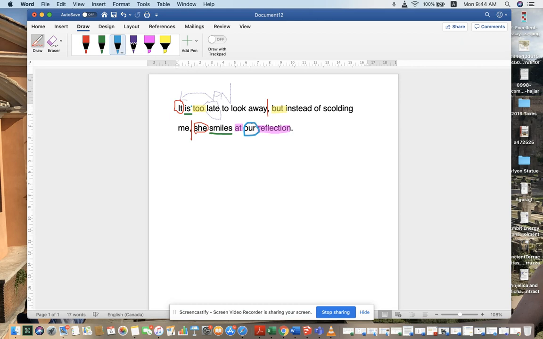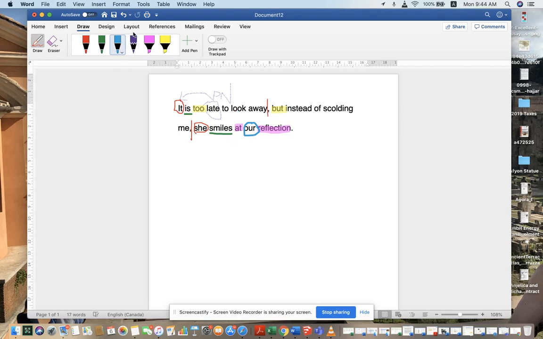In this case, we have a predicate nominative, but then we have this "to," which you would recognize as a preposition, and you would be correct. However, the next word always indicates whether you're dealing with an object of the preposition or something called an infinitive. Infinitives are verbs that can be used pretty much any which way. So it is too late. What is it too late for?